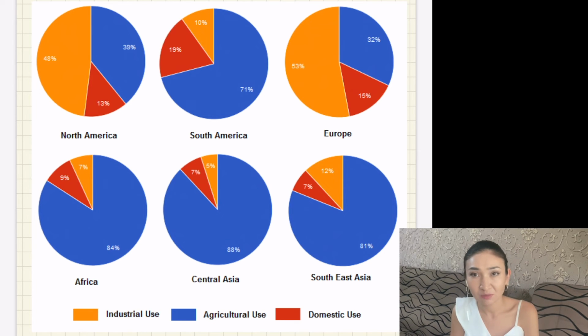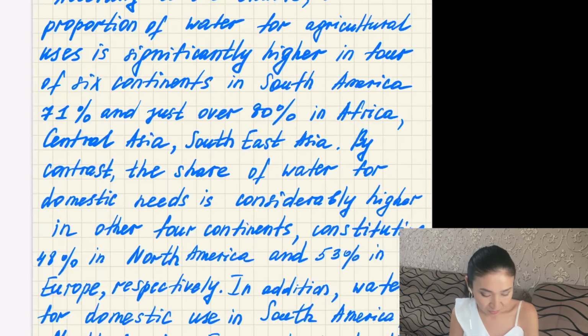It means it is the majority in most of the continents. You have to mention it. And here, as you can see, industrial use is more in North America and Europe compared to agricultural use. You just gonna summarize it in your conclusion part.